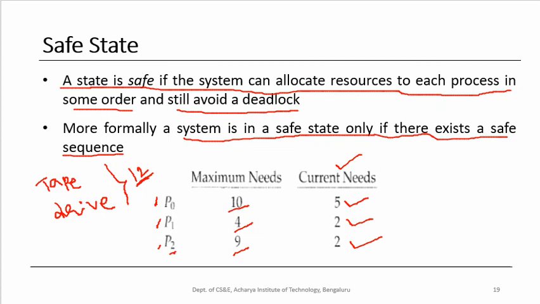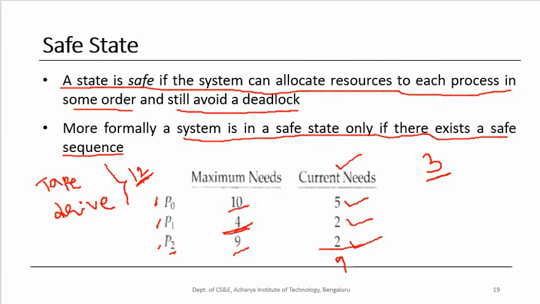Now, is this a safe state? Out of 12, how many are currently allocated? 9. So how many are remaining? There are 3 instances of tape drive remaining. Now, P1 wants a maximum of 4 instances of tape drive.